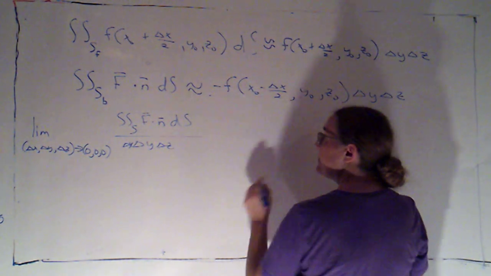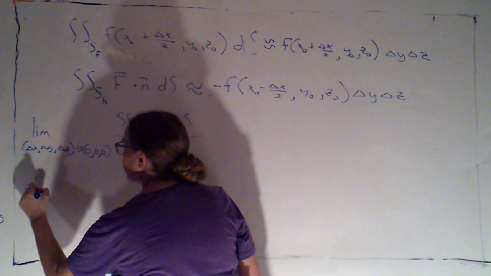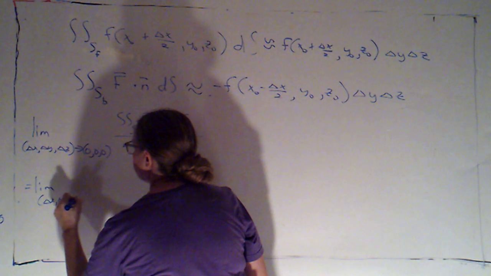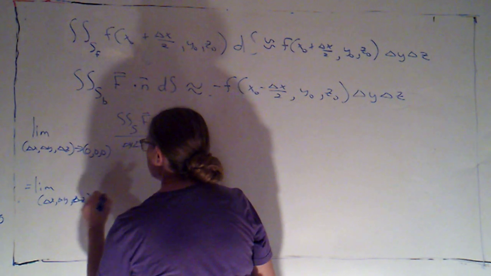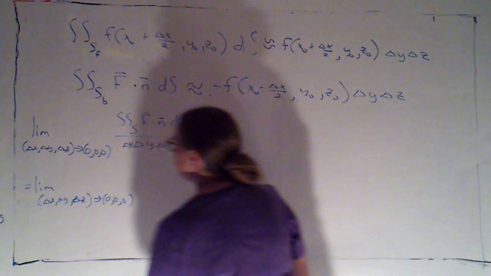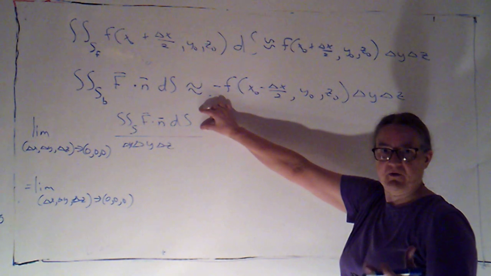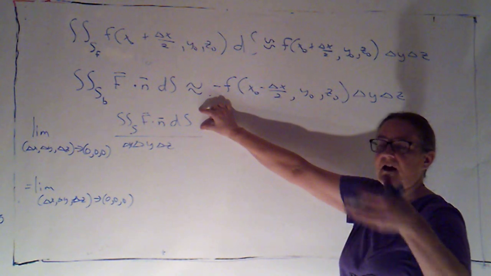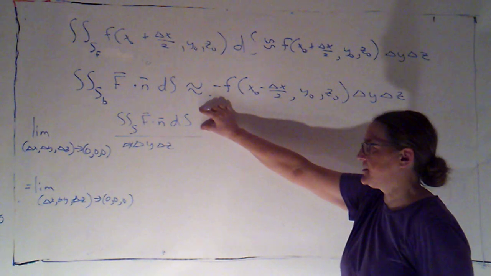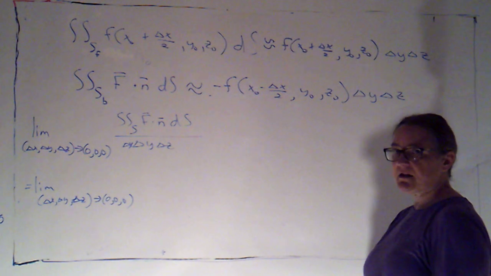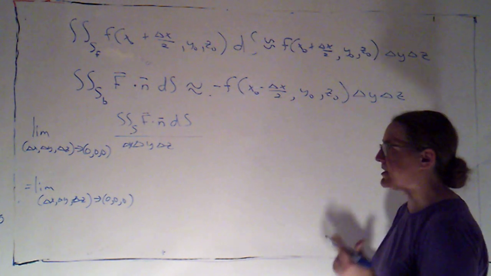I know that this would be the limit as delta x, delta y, delta z goes to 0, 0, 0 of, basically this would become 6 integrals. Front plus back, top plus bottom, left plus right. They're all being divided by the volume. I'm just basically breaking that up into 3 parts.